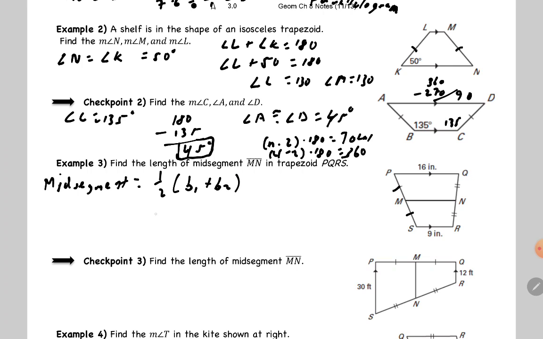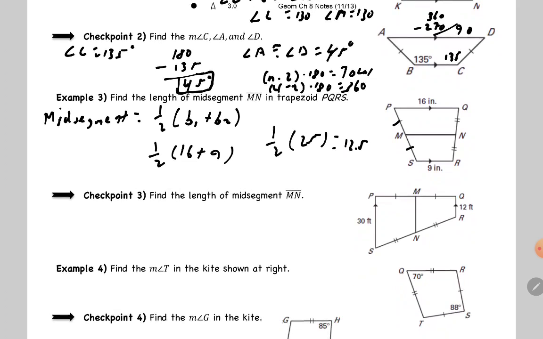So we add up the bases, which is 16 plus 9, which is 25. Half of 25 is 12.5. Or you can leave it as a fraction, 25 over 2.